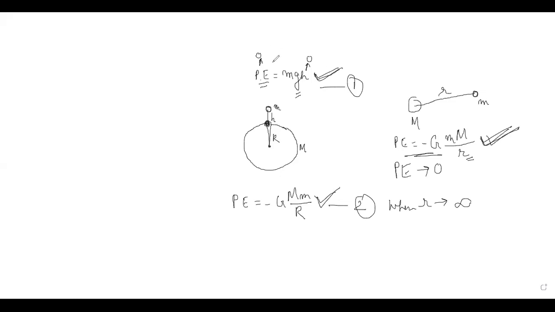The formula mgh is valid obviously only in the case where h is small compared to the radius of the earth.